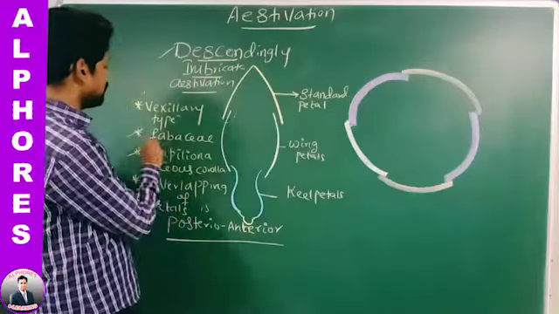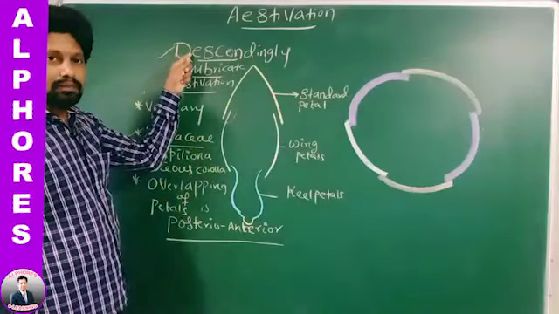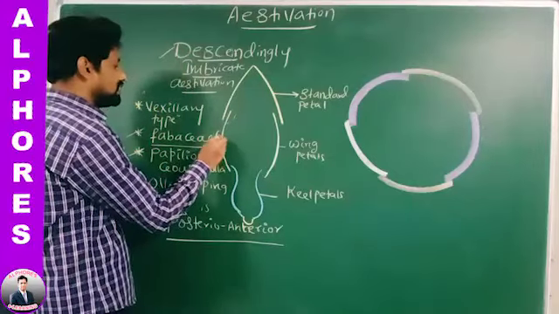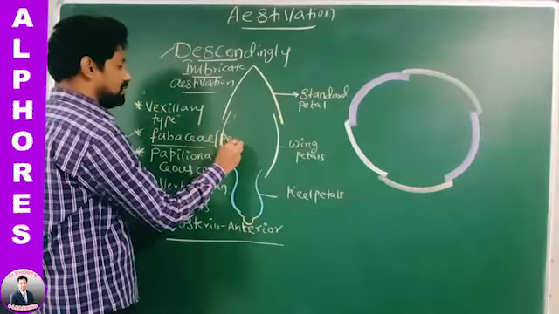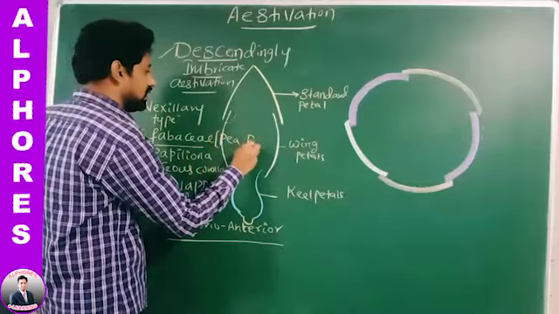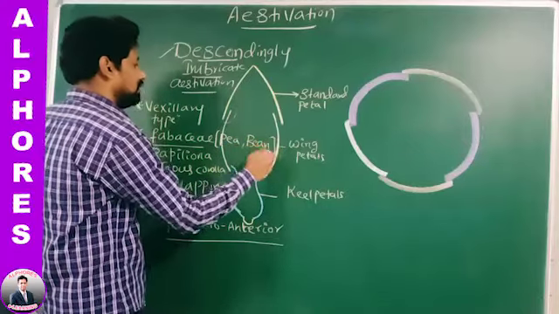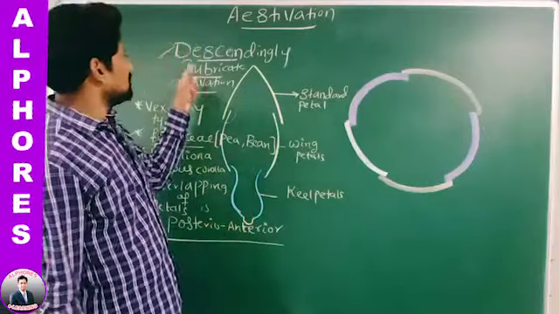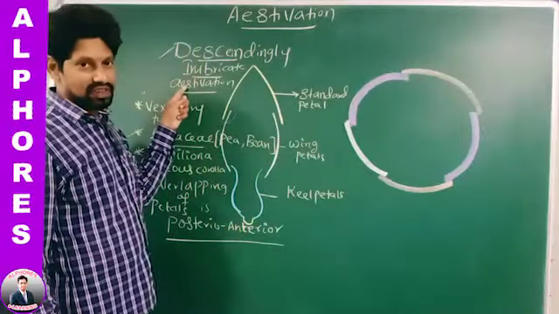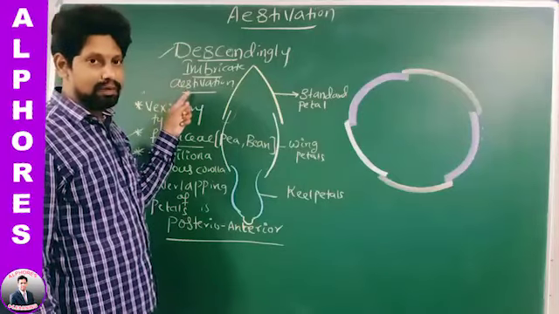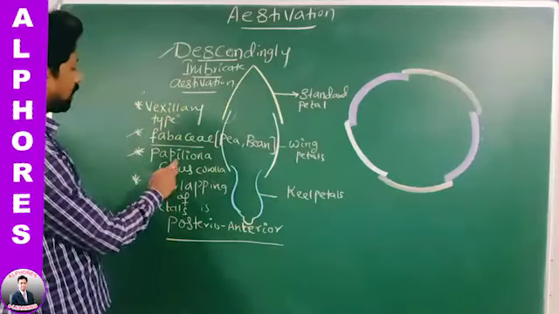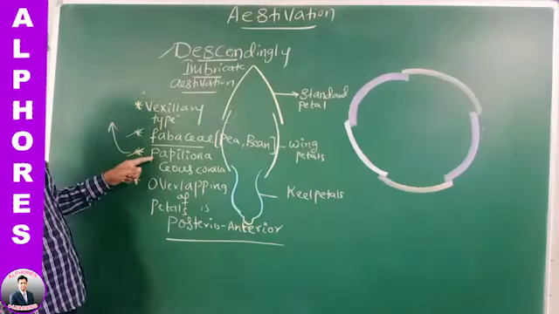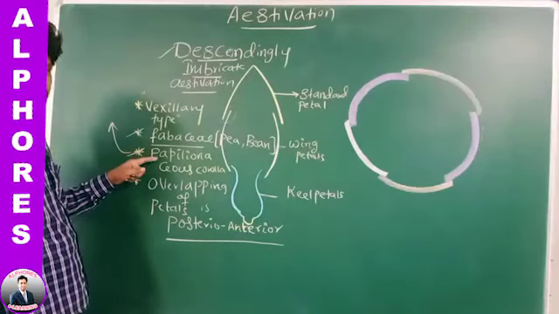This is about descendingly imbricate estivation, seen in which family? Fabaceae family. I am writing two examples for this family: pea and bean. Descendingly imbricate estivation is seen in papilionaceous corolla, with 5 petals.